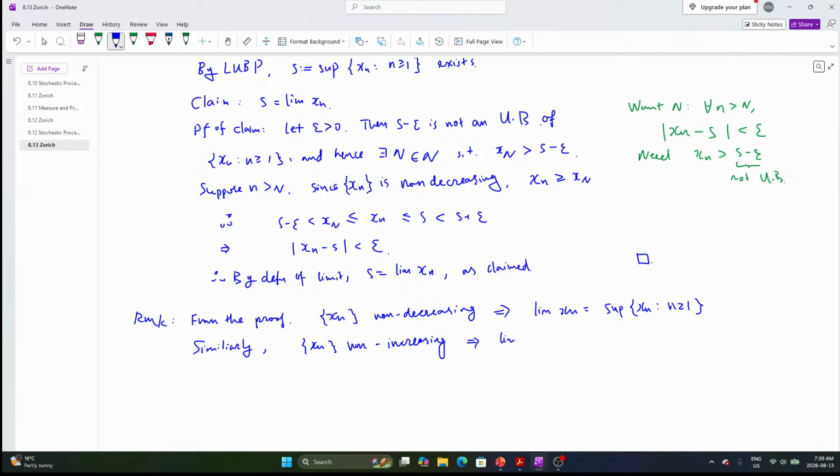The limit of xn is the infimum of xn such that n is greater than or equal to 1. That's it, that's the extra information we get from the proof.